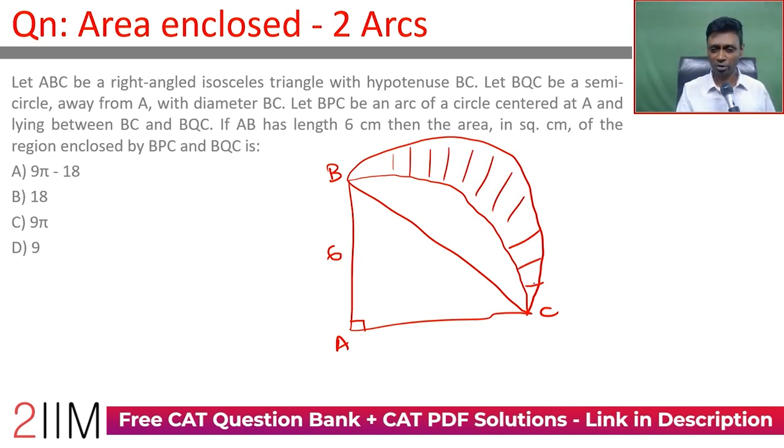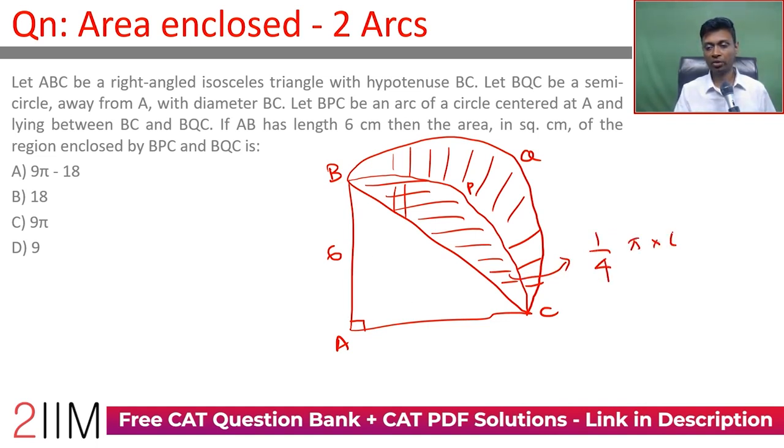How do we do this? This is Q, this is P. So we find area of the semicircle BQC. From that, we subtract area of this segment BPC. How do we find area of this segment? This is 1/4 of pi into 6 square, because it's a right angle. So one quadrant of a circle of radius 6 minus half into 6 into 6.